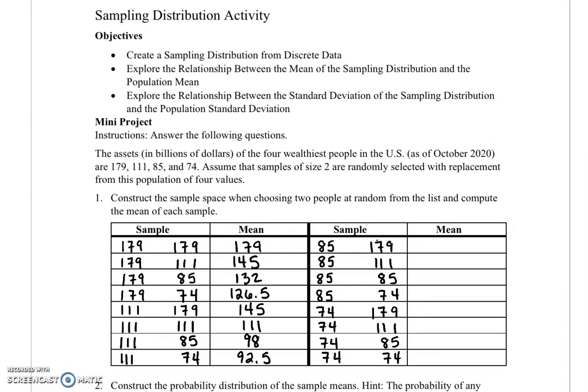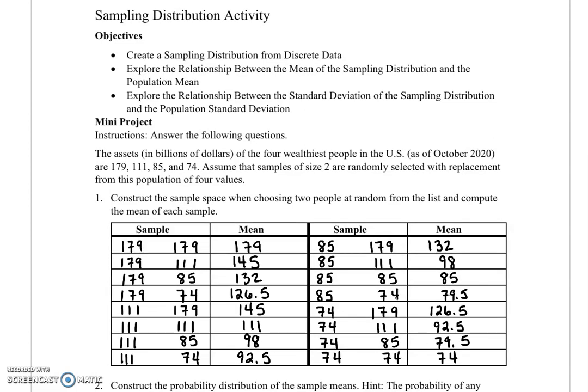Then we add the two values and divide the result by 2, which gives us a mean of 132, working from top to bottom this time. 98, 85, 79.5, 126.5, 92.5, 79.5, and 74.